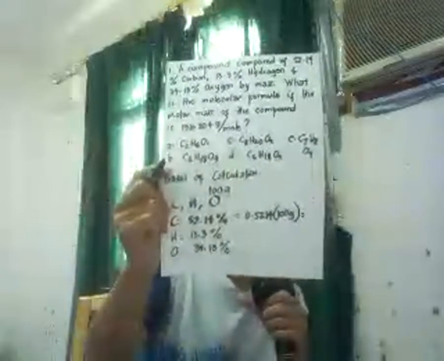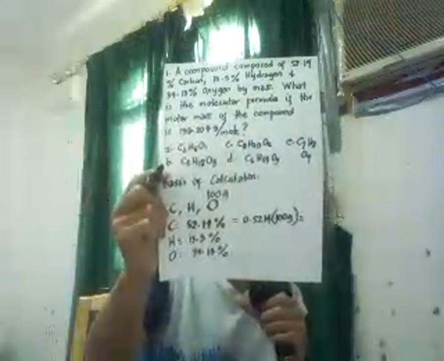So we divide it by 100 and then multiply by 100. It's going to be 0.5214 times 100 grams, because we need this converted to grams first. Because there are 52.14 percent by mass out of 100.